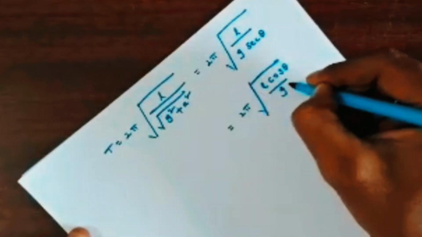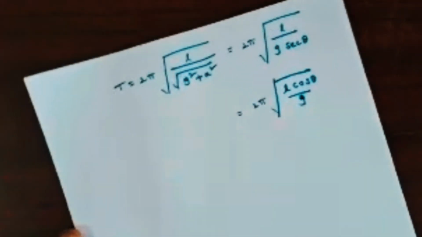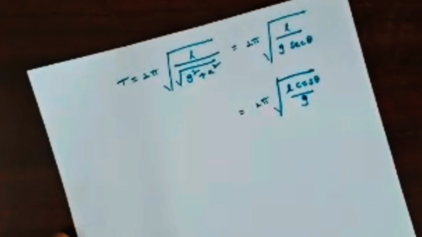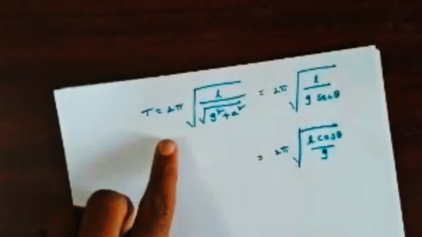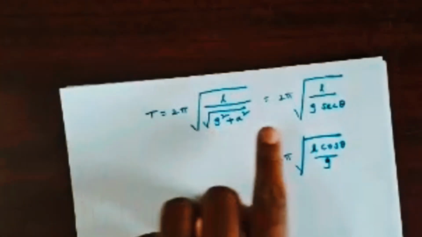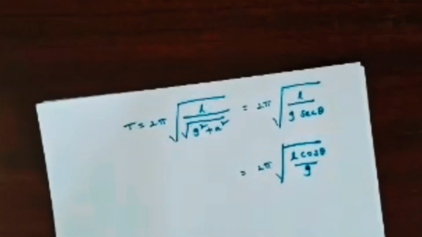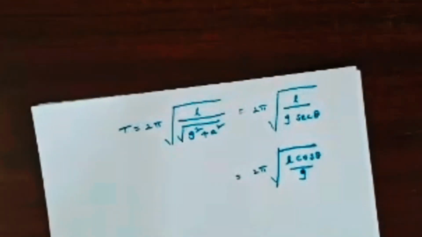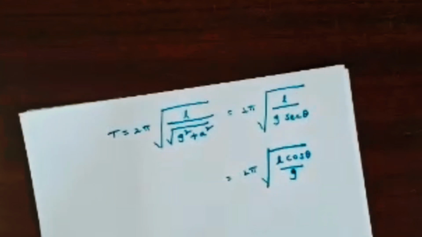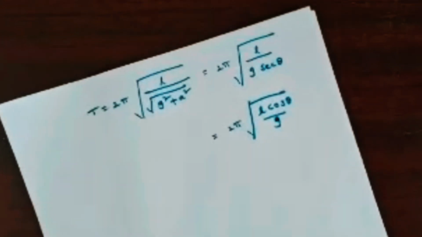So if the pendulum is arranged in the vehicle and the vehicle is moving with a acceleration, then the time period of the pendulum is T equal to 2 pi root over L by root over g square plus a square, or equal to 2 pi root over L cos theta by g.